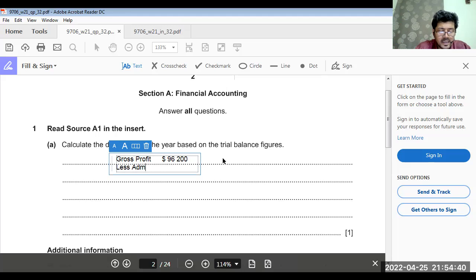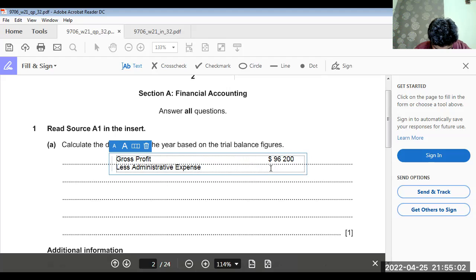So administrative expense, how much? We have administrative expenses 37,200. 37,200.